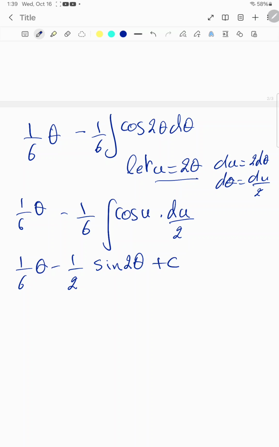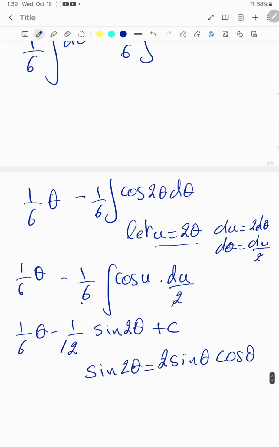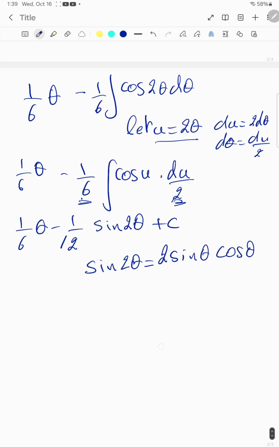And here I will use another trigonometric identity that says sine of 2 theta is equal to 2 sine theta cosine theta. So I will replace sine 2 theta by 2 sine theta cosine theta. 2 times 6 is 12.